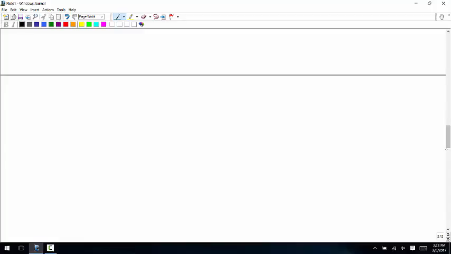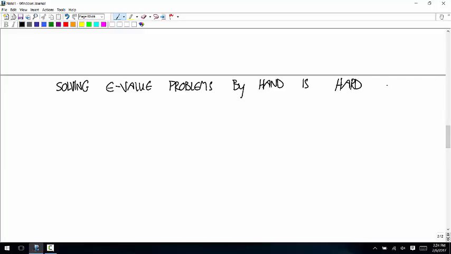And relatedly, it has to do with how this stuff is taught in classes at a lot of universities. Solving eigenvalue problems by hand is hard in general. And not really, maybe hard is the wrong word, but time consuming, not efficient.